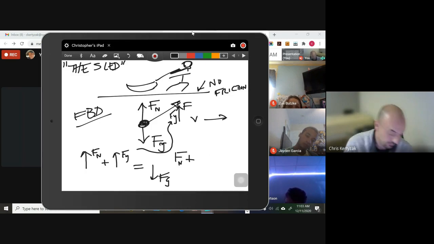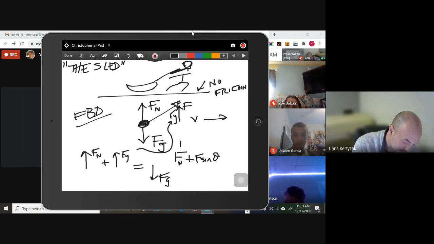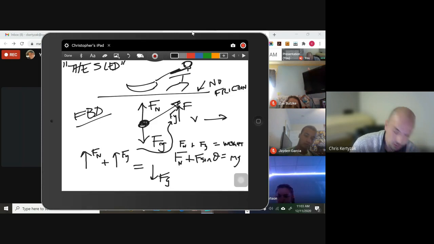What was the expression for Fy? F sine theta, right? So this is us saying Fn plus Fy has to equal the weight, which we know is mg. So you go from something that's sensible, a picture, the idea that two upward forces have to be equal to a downward force, and then you get to something that looks a little more complex: Fn plus F sine theta equals mg. Well, that's what the statement is saying.